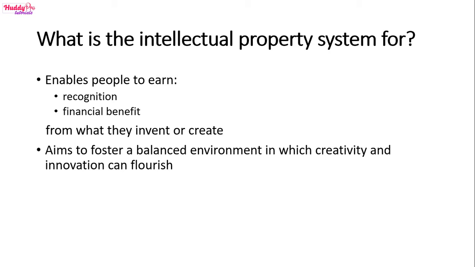When you come up with something, if you are an innovator, you are creative, there is that need. It is good to be recognized, and not only for recognition but also to benefit from your invention financially. So the intellectual property system aims to foster a balanced environment in which creativity and innovation can flourish.